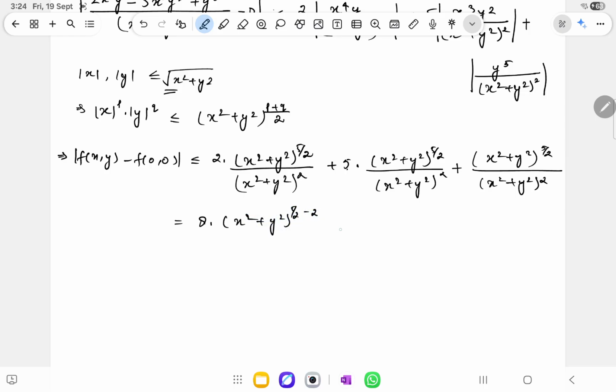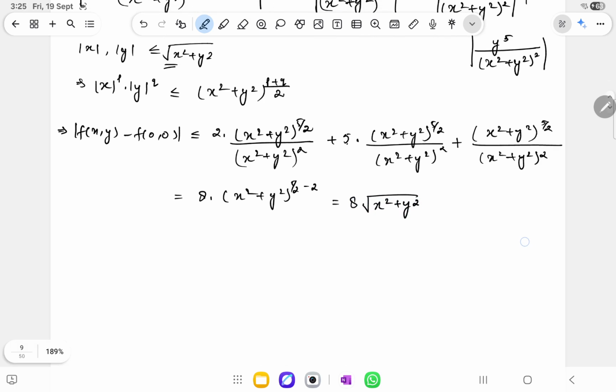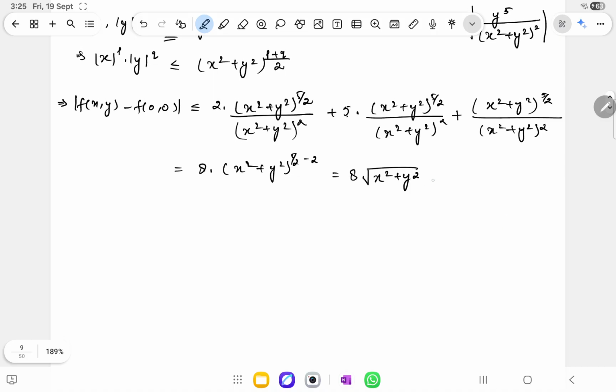That is equal to 8 times the square root of x^2 plus y^2, and according to the definition this term must be less than or equal to epsilon, that is 0.01. So from here, the square root of x^2 plus y^2 must be less than 0.01 divided by 8.